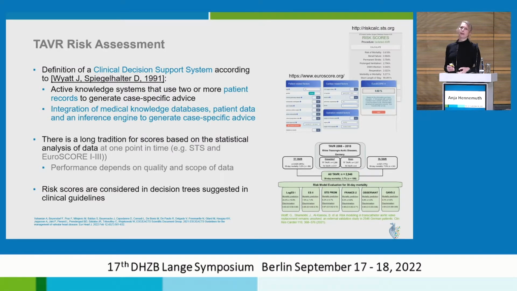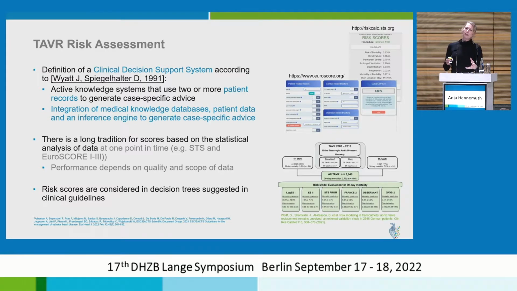When we look at the typical risk scoring systems we have for TAVR, those systems give you a score. Scores have been traditionally used for a long time, and they are typically based on the analysis of available data at one certain point in time, and then a statistical model is derived and applied based on the available patient data.